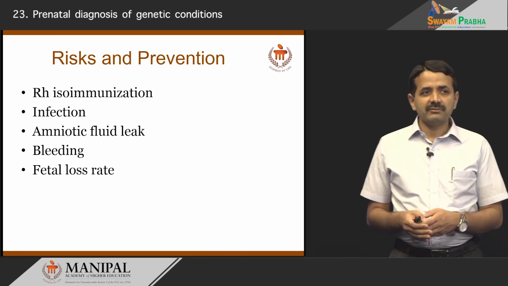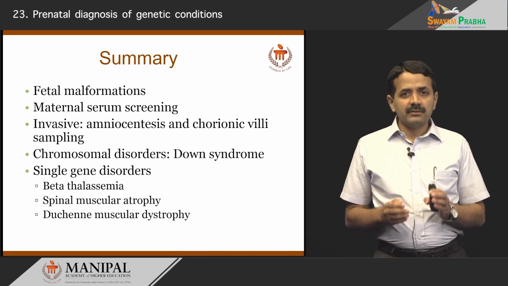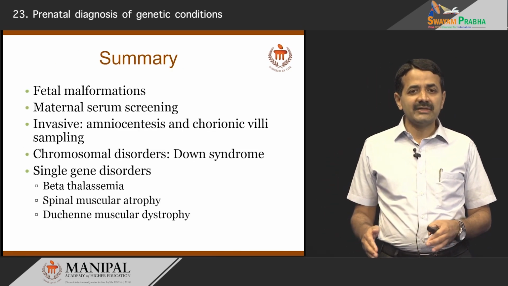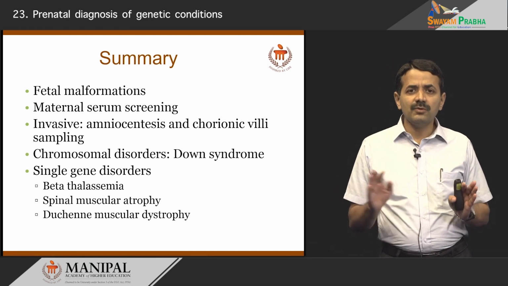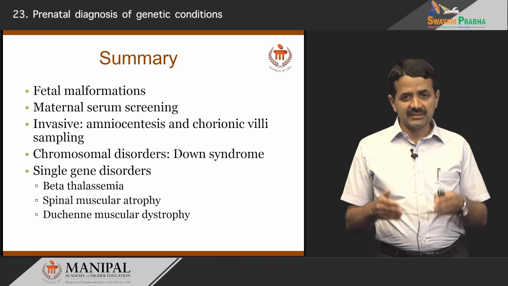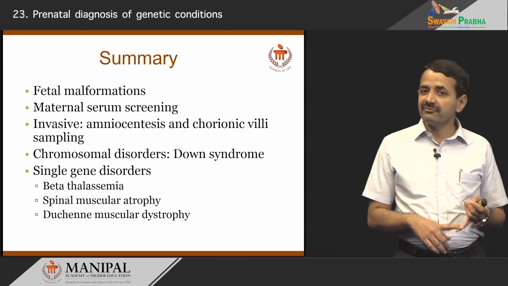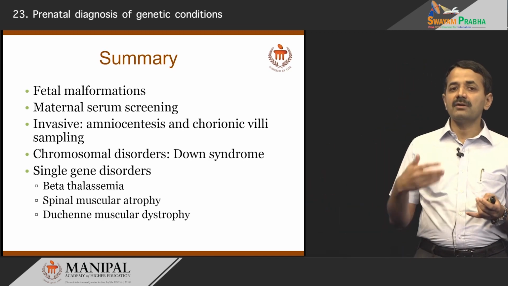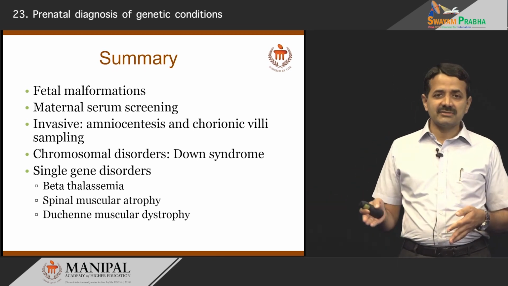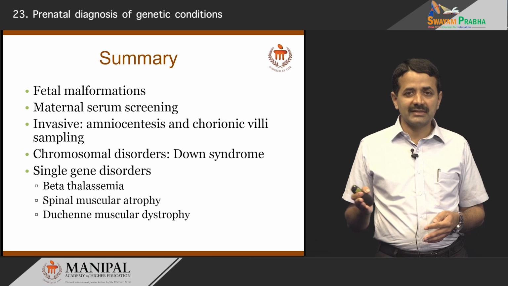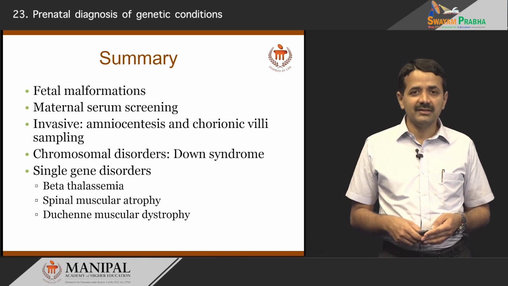Just to summarize what we have discussed today, we have discussed prenatal diagnosis of genetic disorders. Most of the times these are the conditions, either for fetal malformations by ultrasound or non-invasive testing for almost all women by maternal serum screening or non-invasive prenatal screening using fetal DNA.